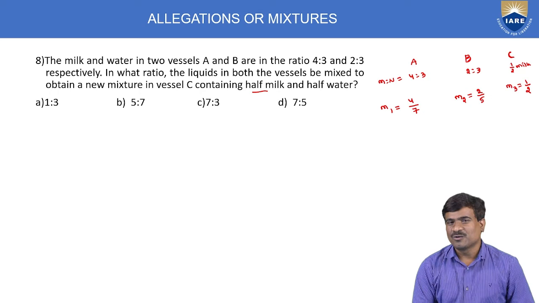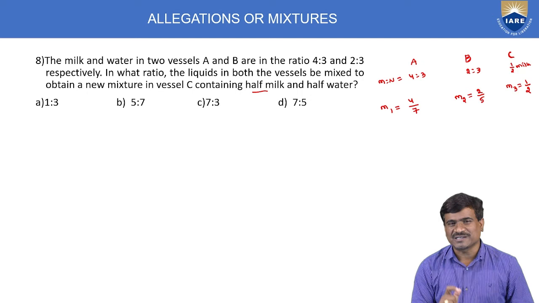Similarly, water quantity in A container is 3 by (3 plus 4), 3 by 7 liters. 1 liter is rupees 0, so 3 by 7 liters is 3 by 7 into 0. Total cost price of container A is milk price plus water price.